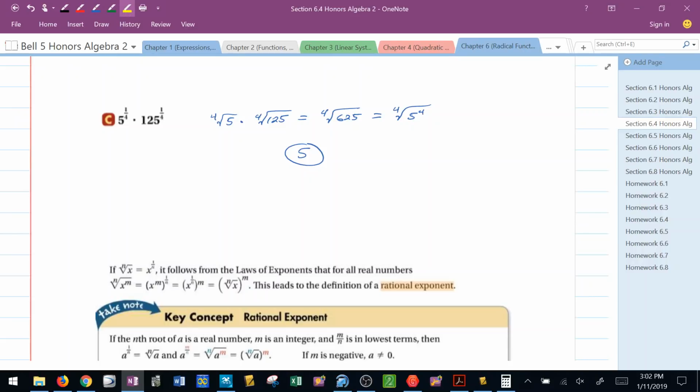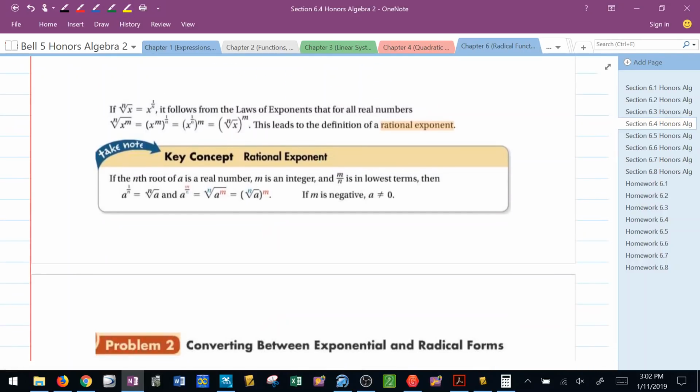Now, the second thing that we're going to focus on here is applying what's called the rational exponent rule. We've already learned that a to the 1 over n and the nth root of a mean the same thing. The nth root of a is a to the 1 over n. A to the 1 over n is the nth root of a. But what happens if now all of a sudden we bring in a power?